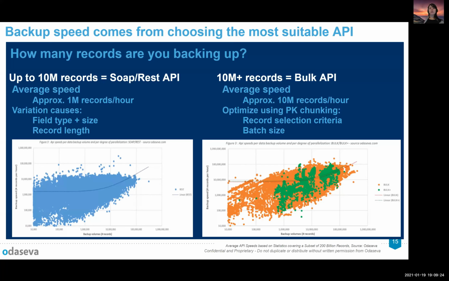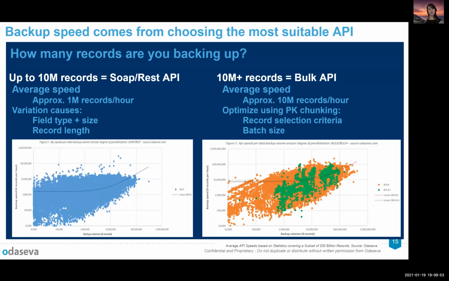So selecting the right API for the number of records that you need to back up is going to be the first thing that you need to do to be able to do a backup. When you have not too many records, that's fine. But when you have too much, you're going to come up with timeouts or errors anyway.